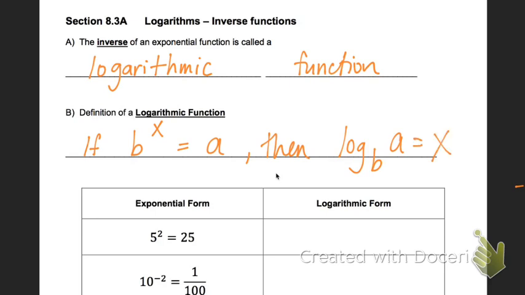So all we're doing is kind of switching that equation around. We're taking the inverse of it. We're switching it around to write it in a different way. And this is actually going to help me solve for x.